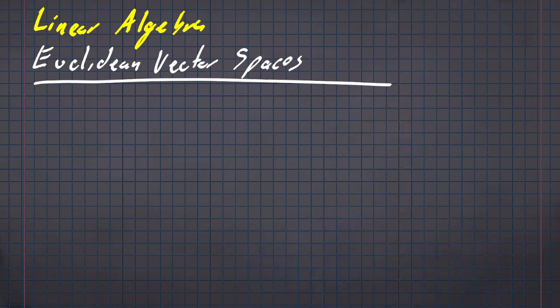So let me get my head out of the way, and let's take a look at the n-dimensional Euclidean vector space, which we often write as R superscript n.